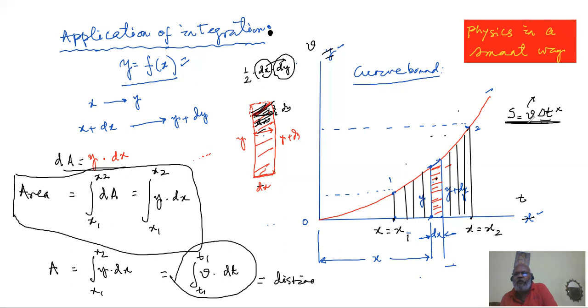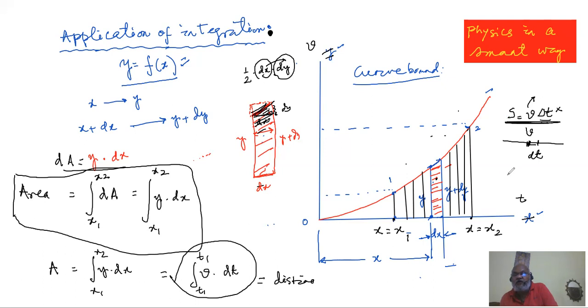So what to do? Within that time interval, we take a particular time instant, and extend the time instant by a small value, that is dt. And because dt is a very small time, at the start of the time instant, velocity was v.